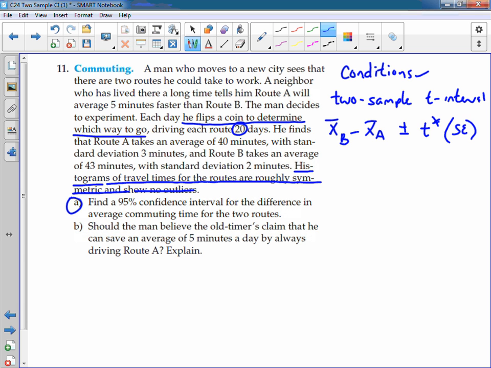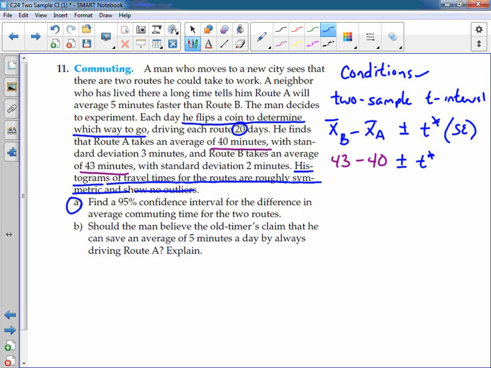And so our mean for route B, 43 minutes. Our mean for route A, 40 minutes, plus or minus T star times the standard error.